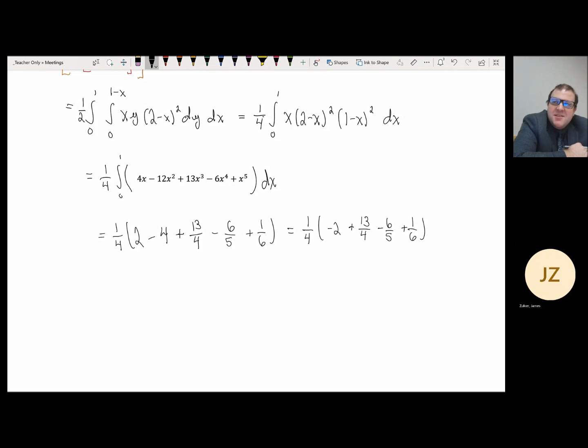The common denominator will be 60. Ten minus 72, negative 62, plus, oh God, 13 times 15.